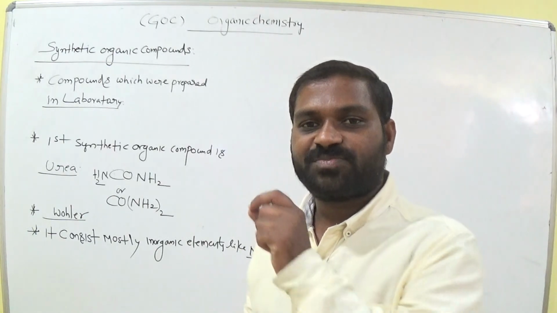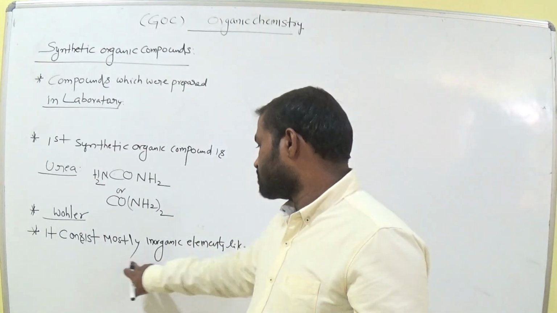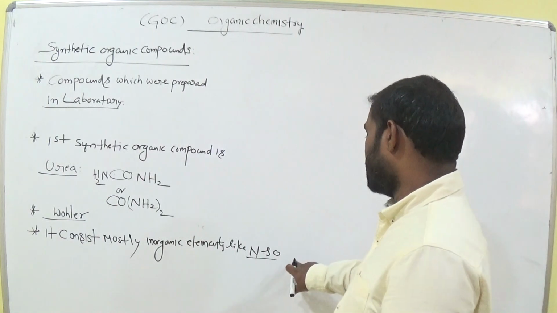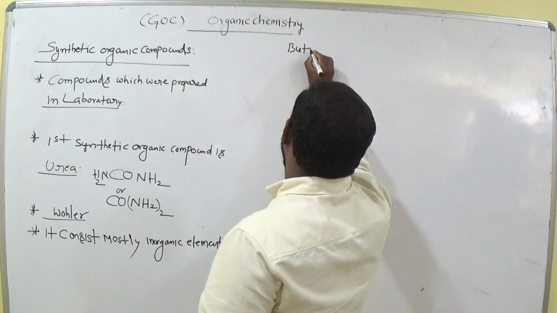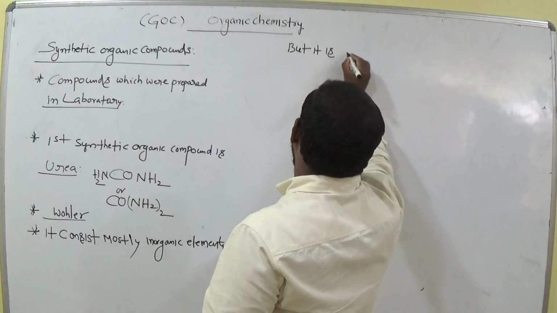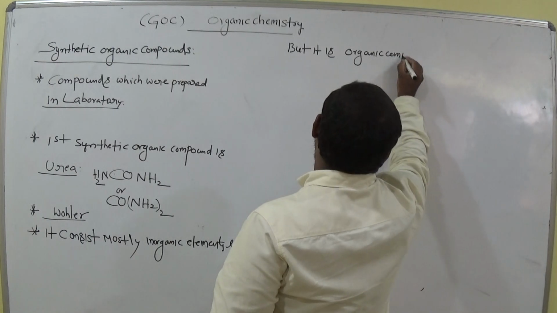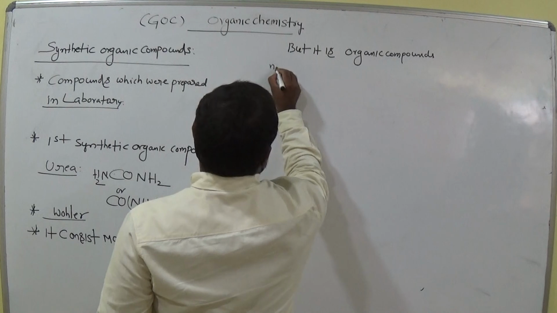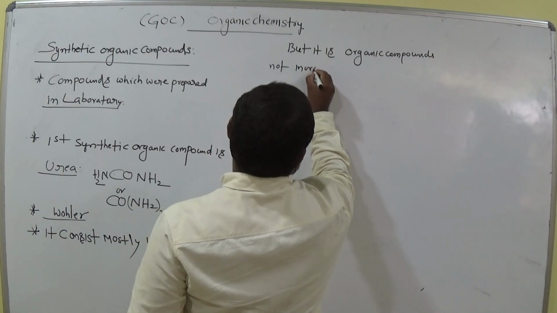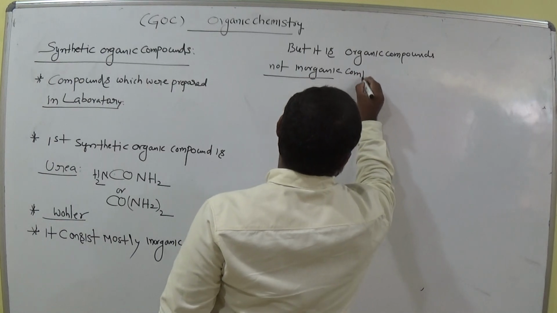Why? Because its properties are similar to organic compounds. So it consists mostly of inorganic elements like nitrogen and oxygen, but it is an organic compound, not an inorganic compound. Remember this.